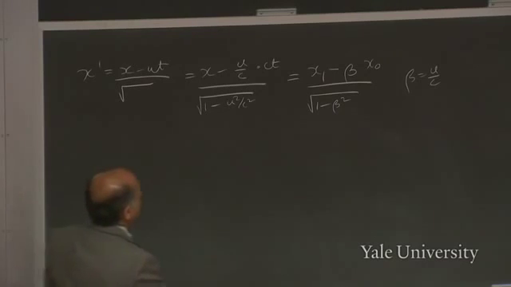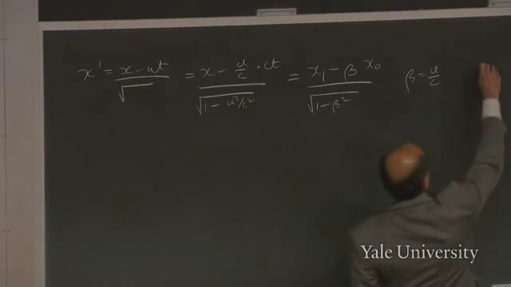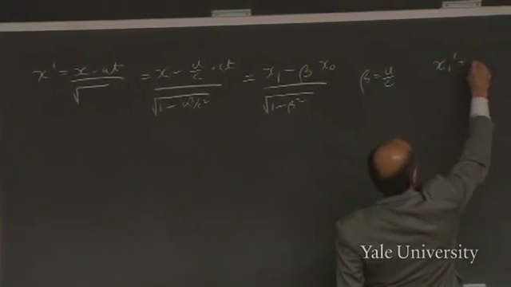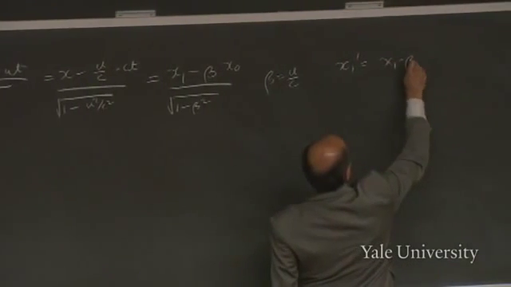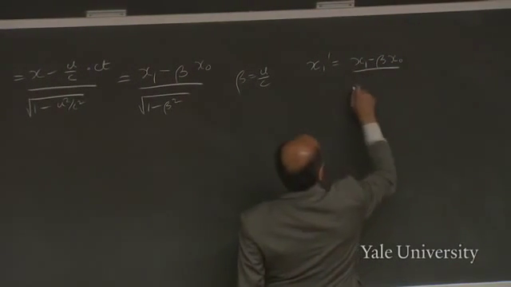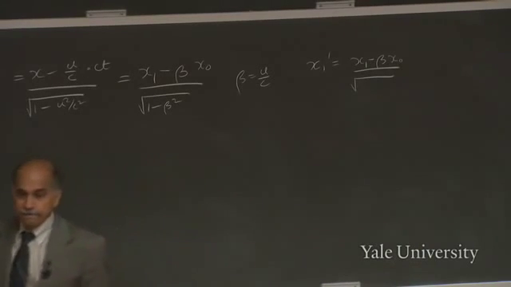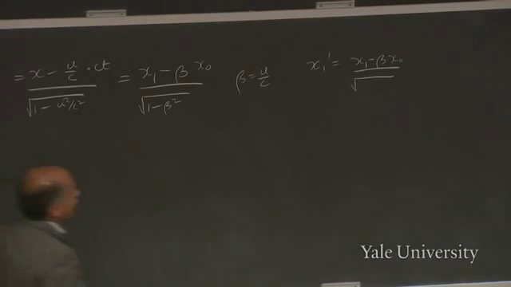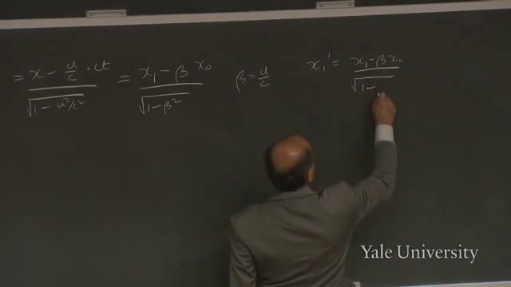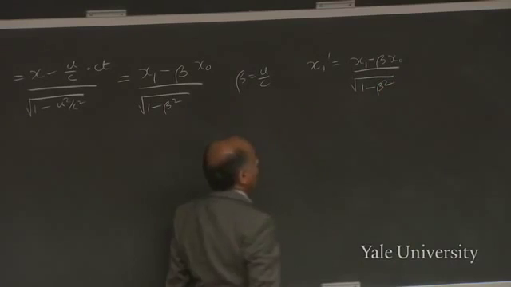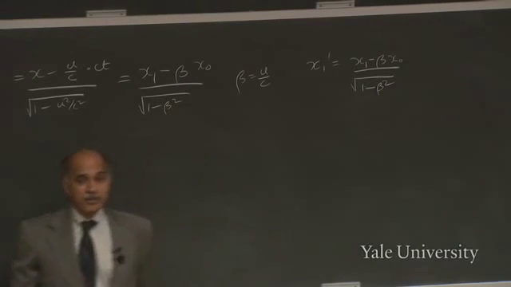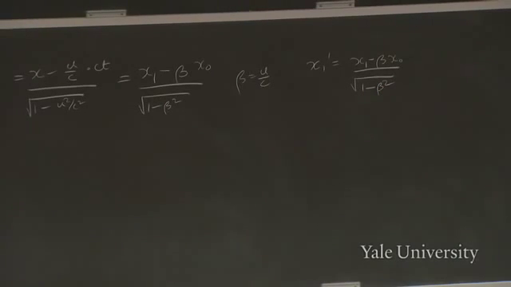So the final way I want to write the Lorentz transformation for coordinate is that x1 prime is x1 minus beta times x0 divided by the square root. So you have to get used to this beta. You're following nicely what I was saying in terms of velocity u, but you have to get used to this beta. We won't use it a whole lot, but I put it here so you can recognize it when people refer to it in the literature, if you go read something.